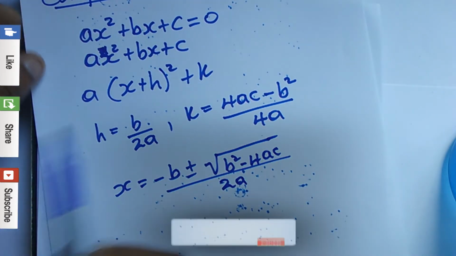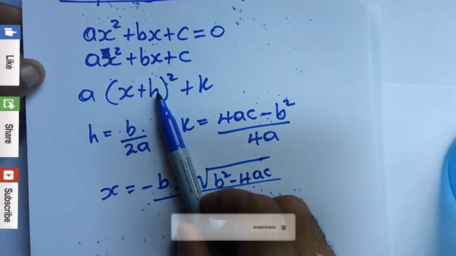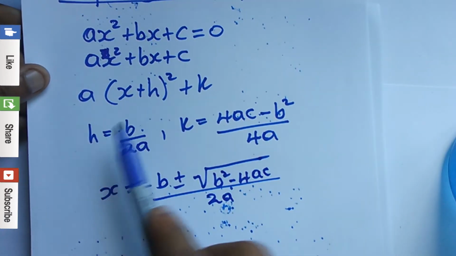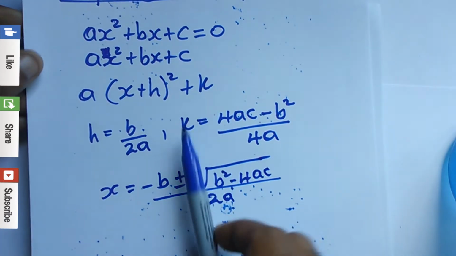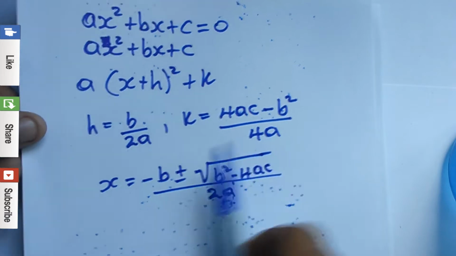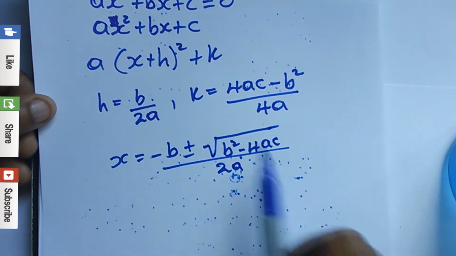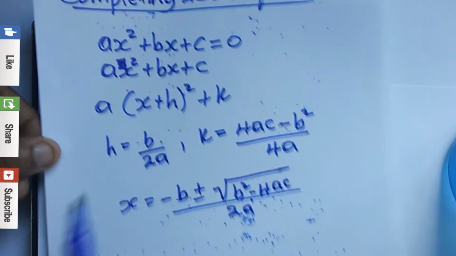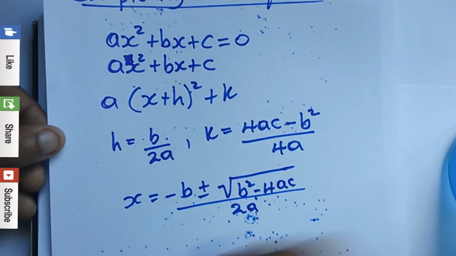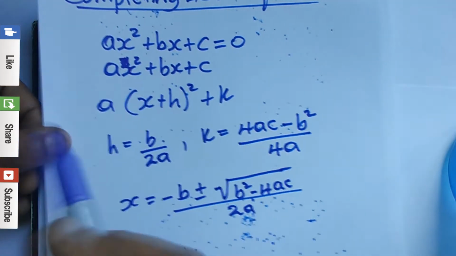So whenever we are completing the square, we need to know how to calculate h, which is b over 2a, and k, which is 4ac minus b squared all over 4a. And we should know how to use the quadratic formula to solve for roots, or to determine the x values when a quadratic function cannot be factorized.